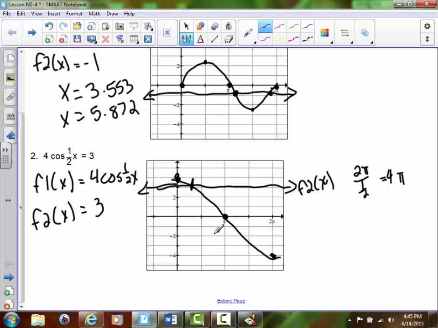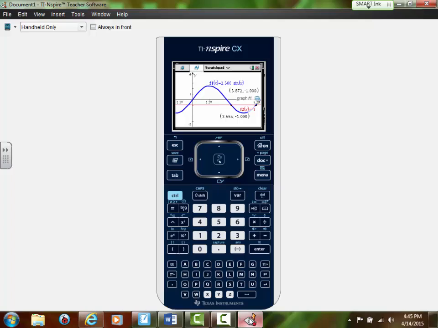To find that one out exactly, we're going to go back over to our Inspire, and what we'd like to do here is clear our graph from before. So I'm going to hit tab, go up, delete that, and we said that would be 3 now, so I hit enter there.